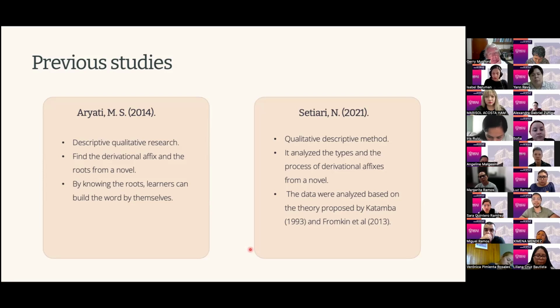On the other hand, Setiari uses Katamba's and Fromkin's theories. That means Katamba is about how new words are formed through derivational morphology, and Fromkin's work is about the hierarchy of structure of words.